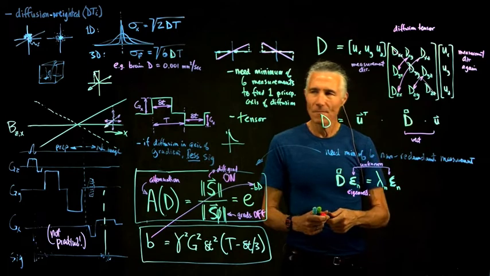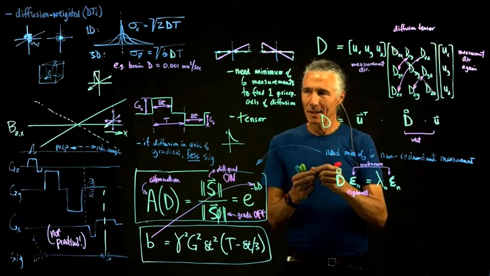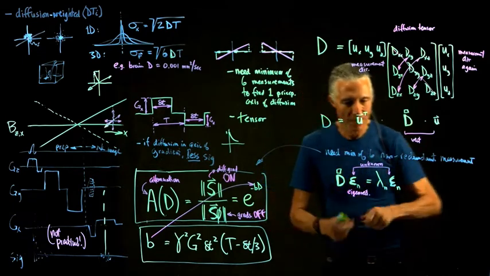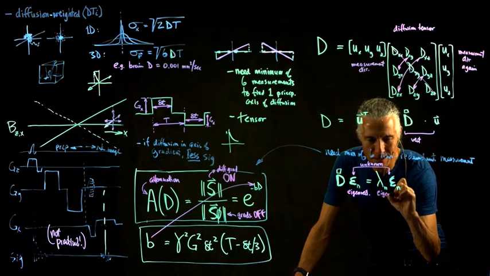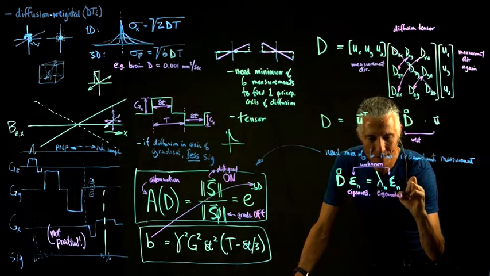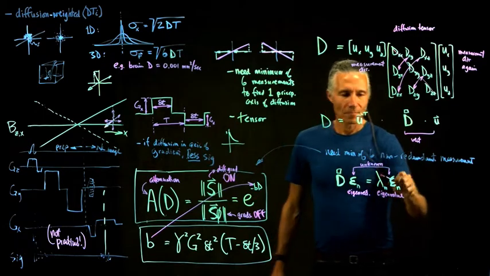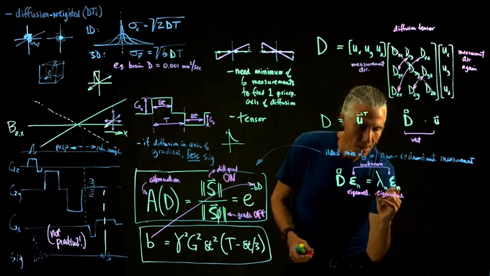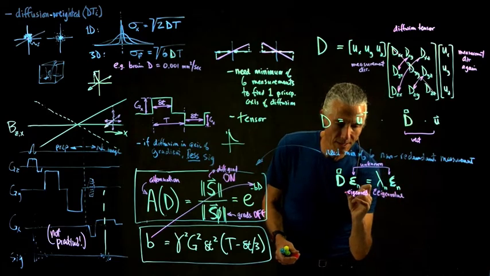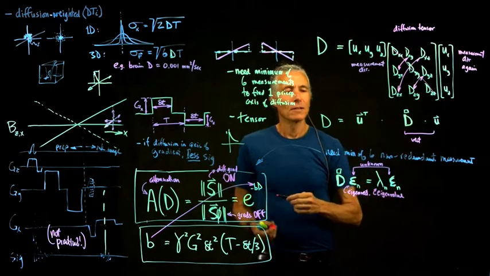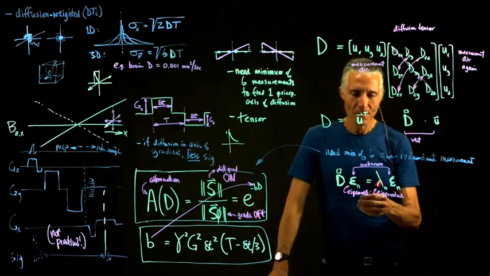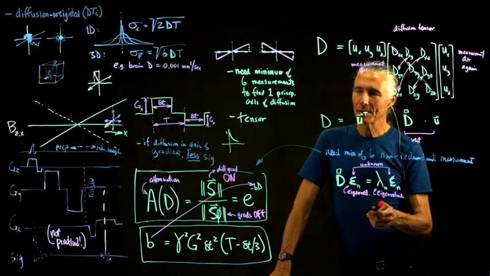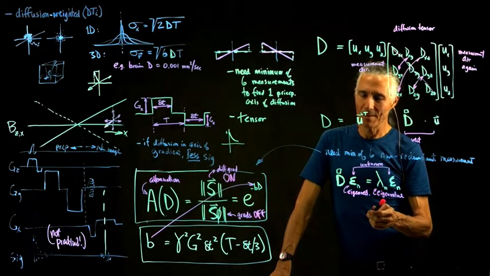So the idea is that if you find one that has a large eigenvalue, this is the eigenvalue, and this is the eigenvector. The eigenvector is just a direction, but the eigenvalue is how much of a growth you have.